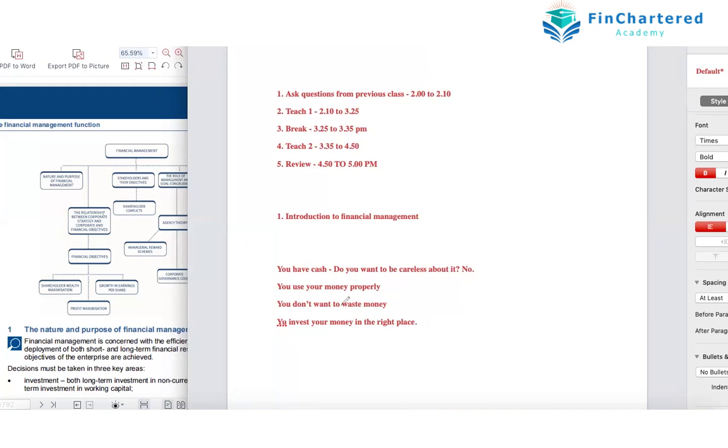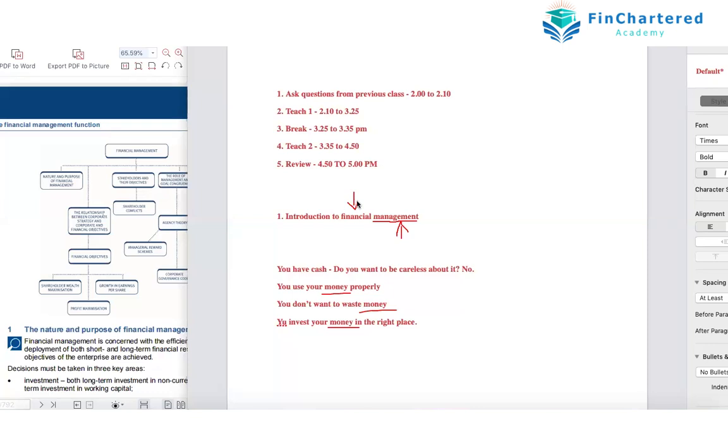Everywhere there is money. Basically, what we're saying is your finances need to be managed well. And in this paper, I will teach you how to manage your finances. As simple as that.